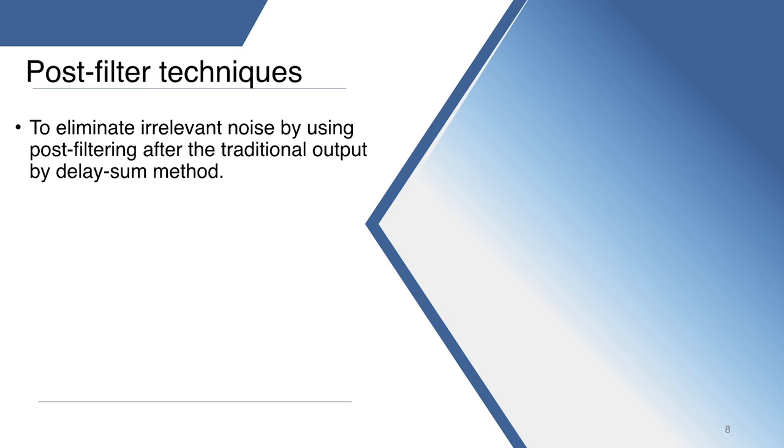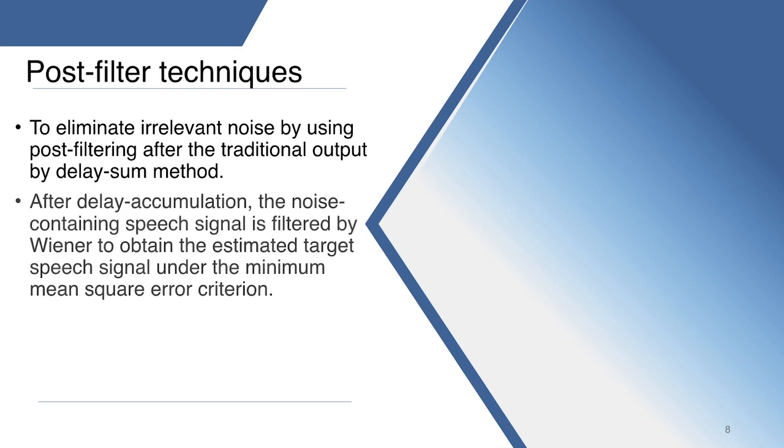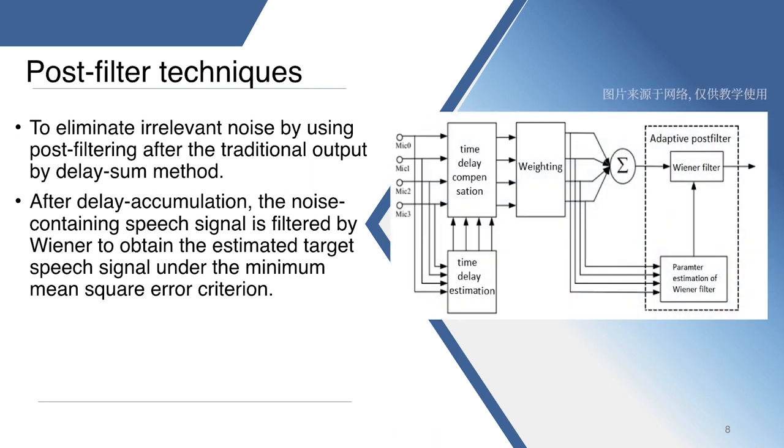The microphone array speech enhancement method based on post-filtering techniques eliminates irrelevant noise by adding post-filtering after the traditional delay sum output. One possible structure of microphone array speech enhancement using an adaptive post-filter is shown in the figure.